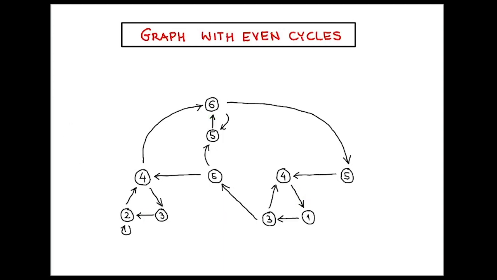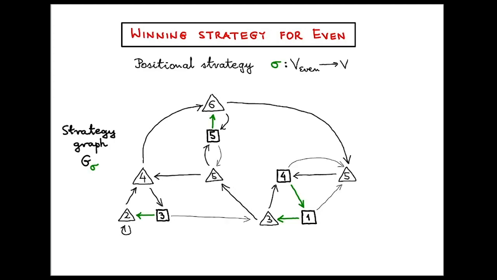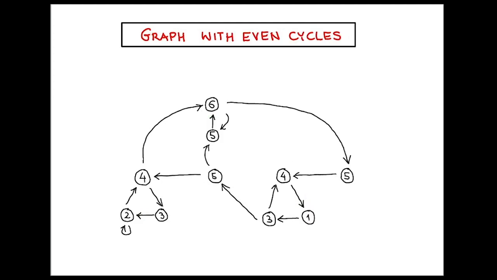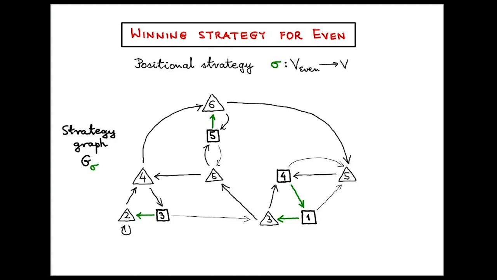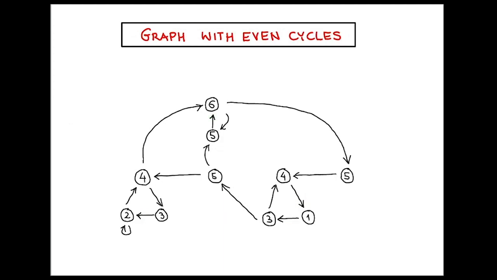So let's keep all the edges outgoing from positions owned by odd, but let's only include the green edges that were picked in that positional strategy for player even. So what we now have is what I call the strategy graph. Right? So the strategy graph is the one without the thin edges. It's only the outgoing green edges and of course all the outgoing edges for the opponent.